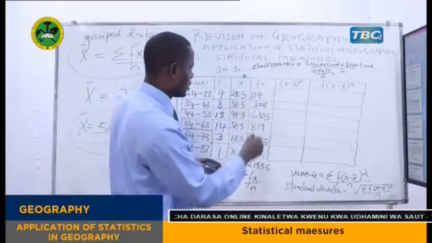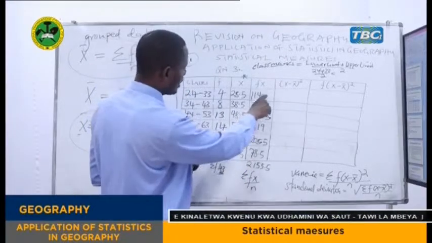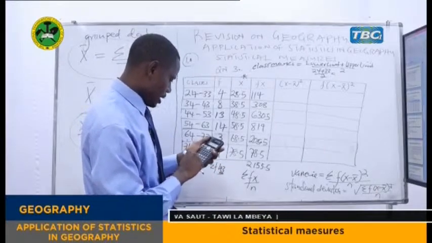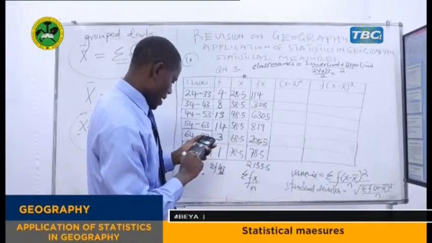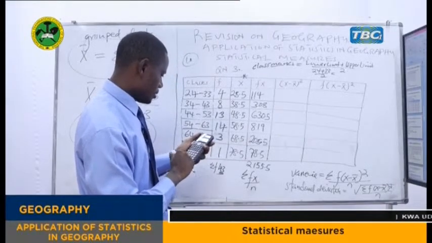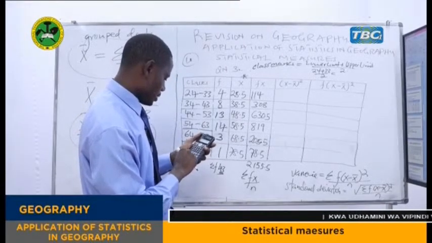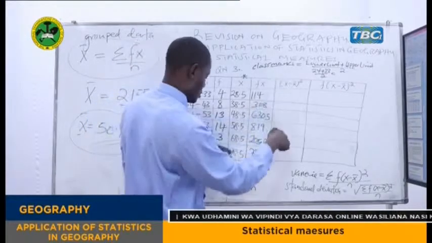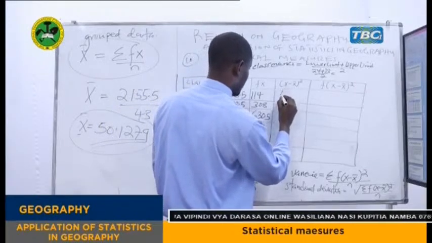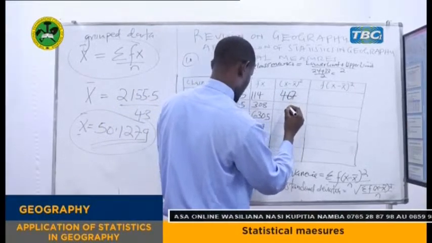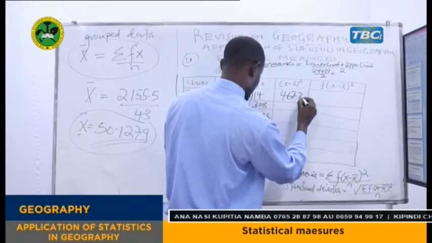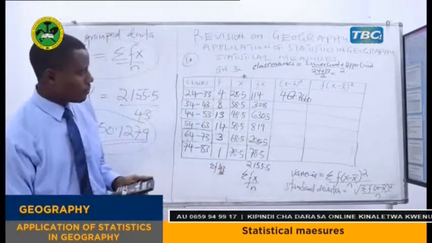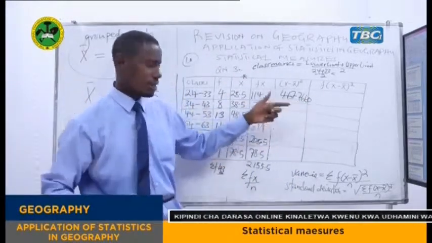We start with the first column: bracket 28.5 minus the mean, 50.1279, bracket, then we square. For the first column, here we get 467.760. We try our best to take four decimal points so that we can be accurate.